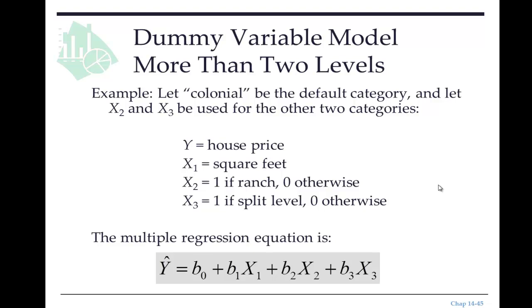And if both x2 and x3 are 0, then the style must be colonial. So we do not need to use the third dummy variable. That is, we only need the number of levels minus 1 dummy variables.